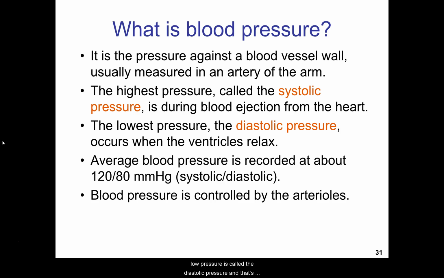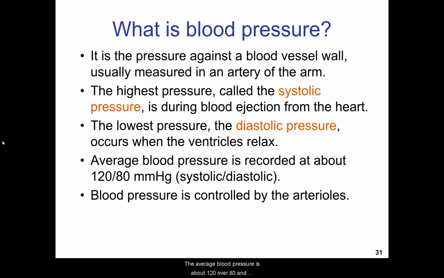And the low pressure is called the diastolic pressure, and that's when those ventricles are relaxing and the heart is able to refill with blood so that it can pump it around through the lungs and out through your body. So systolic pressure is the pressure when blood is being ejected from the heart, and diastolic pressure is when blood is refilling the heart.